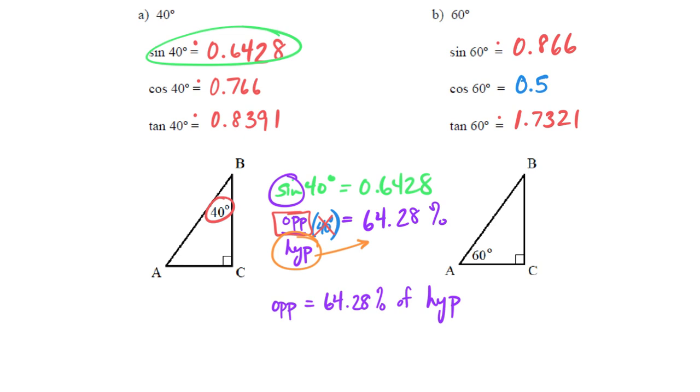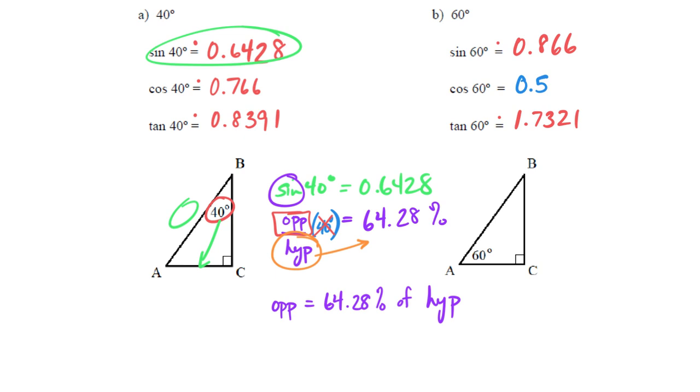And that becomes extremely important. Take a look at my triangle on the left with my 40-degree angle in it. When I punch into my calculator, the green, sine 40 equals, and I get that big ugly decimal, really what that's telling me is the comparison between the opposite and the hypotenuse.